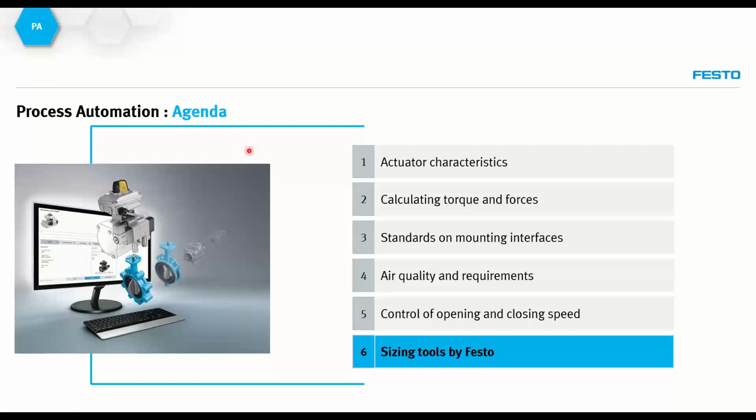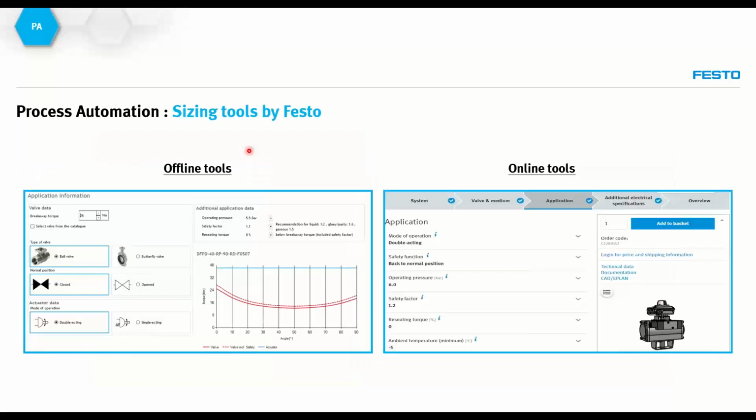Moving on to the sizing tools by Festo. What if we have tools ready which can support us in the sizing of our actuator without going into the flow charts, torque requirements, force requirements, safety factors, and so on? In this case, we are talking about some tools available from Festo.